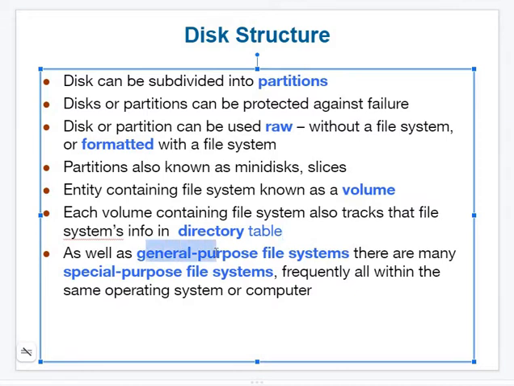See here, what do you mean by general purpose file system? In the D drive I have stored study material, in the E drive I have stored my family photos. I can go exchanging both D and E. From D I will remove my study material and paste it in E drive. The family photos which I have kept in E drive, I will cut and paste to D drive.